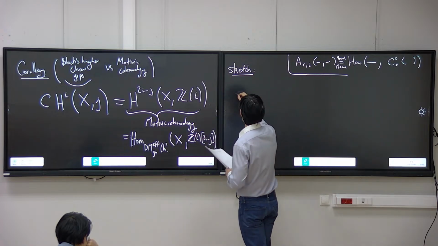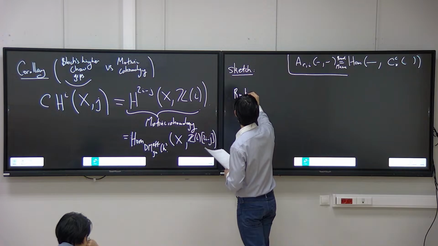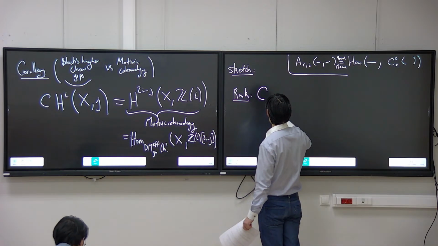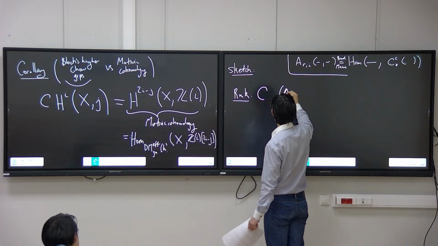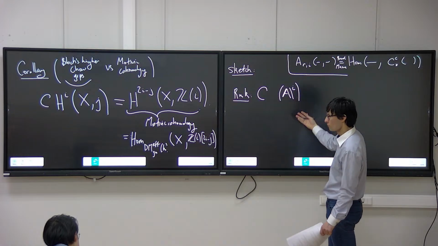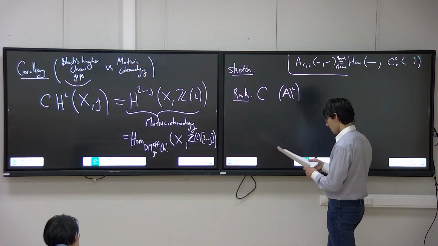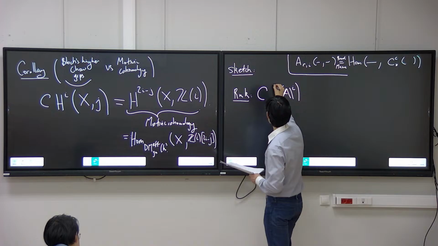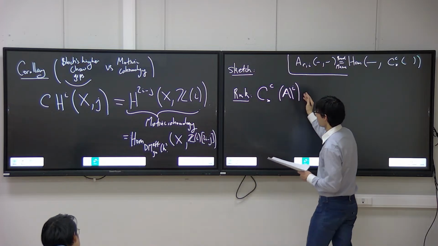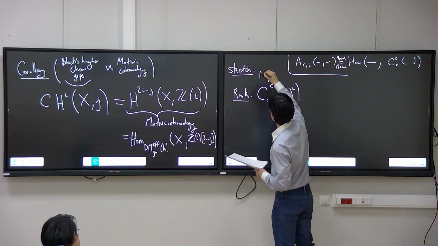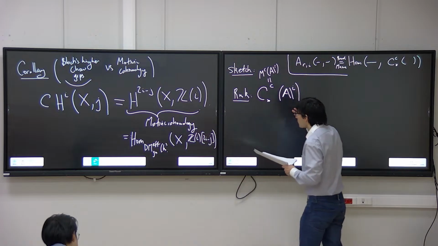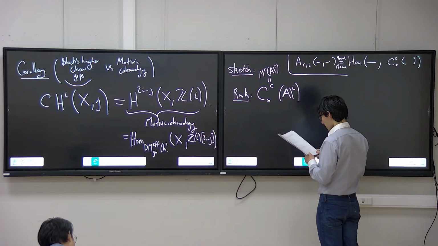And the answer is as follows. Remark that if I take affine space of dimension i, of course, if I look at its motivic complex, it's trivial, it's just Z. But if I look at the compactly supported one, this will be the motivic complex with compact support, M^c of A^i, as I defined it.